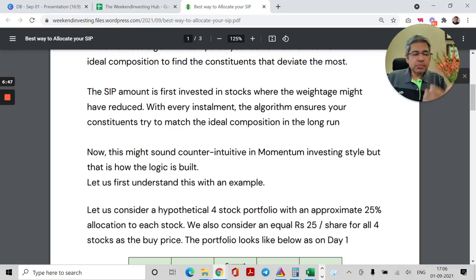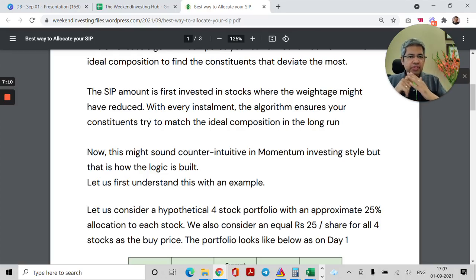Now, what happens in momentum investing is that we want to let our winners run and we want to drop our losers. So what may happen is that some stocks, as they start to lose, their weights obviously will drop relative to others.